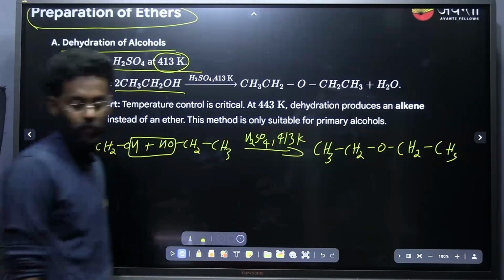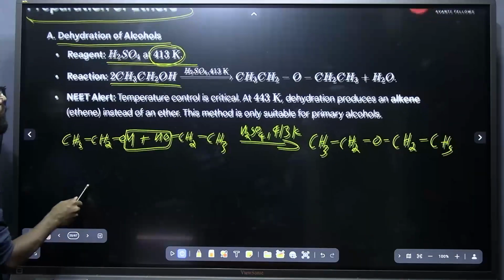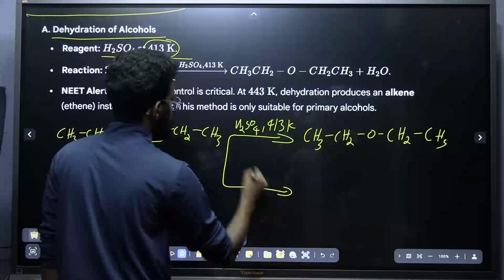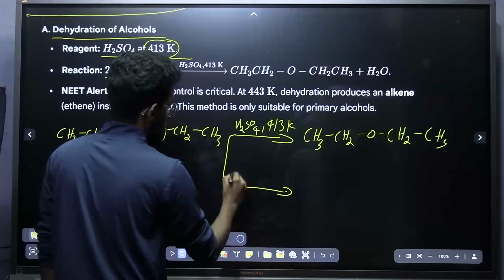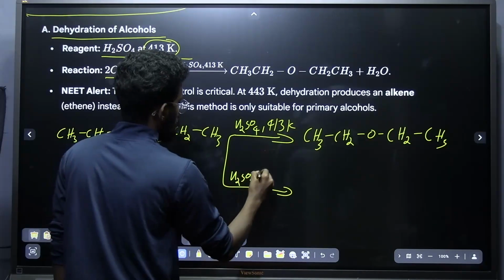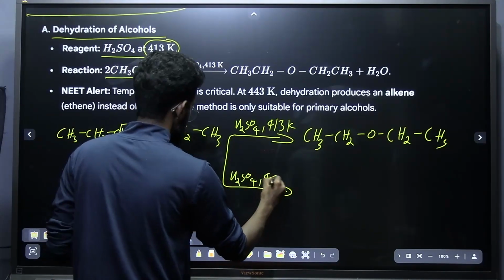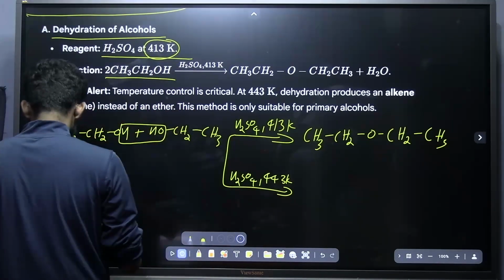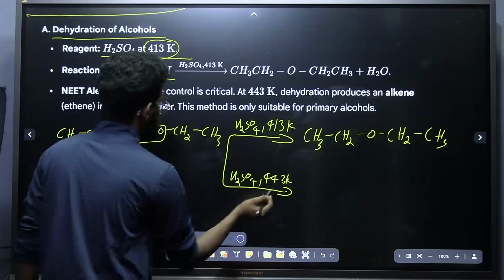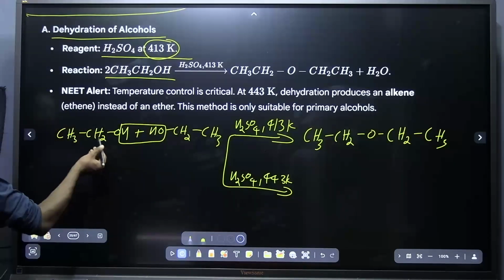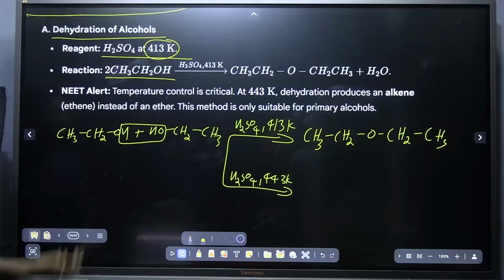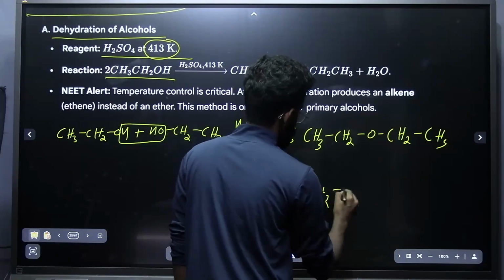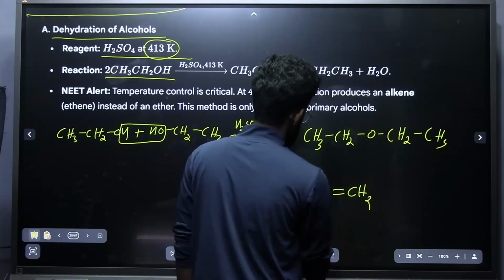Now what if I change the temperature? If I do the same reaction at 443 Kelvin, what is going to happen? Here elimination will take place, and we will get an alkene, CH2=CH2.